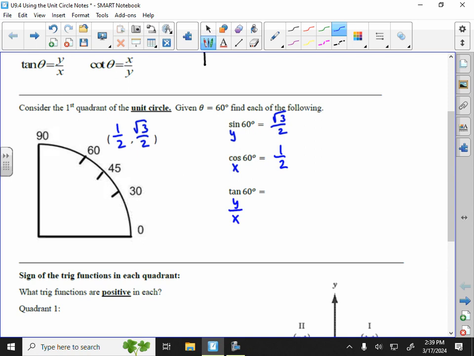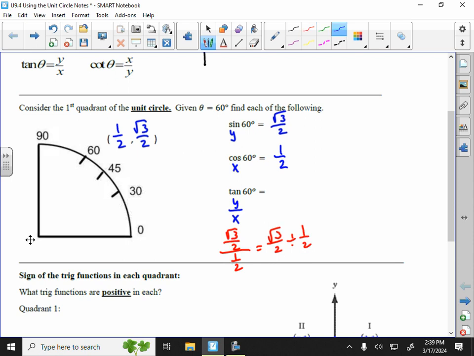And then tangent of 60 degrees, well, tangent is the y-coordinate divided by the x-coordinate. So this y-coordinate is root 3 over 2, and the x-coordinate is 1/2. So it's divided by 1/2. Well, we can rewrite this horizontally instead of vertically.